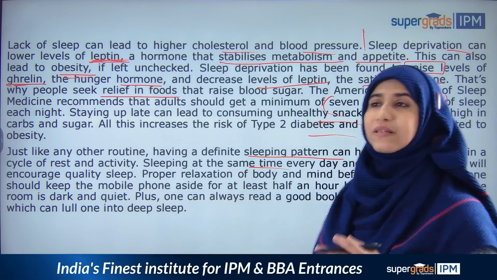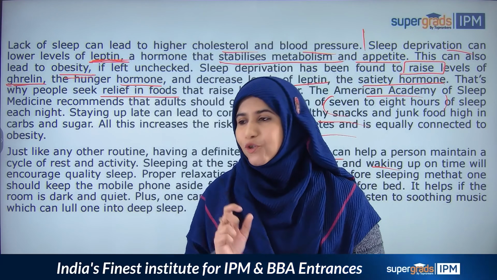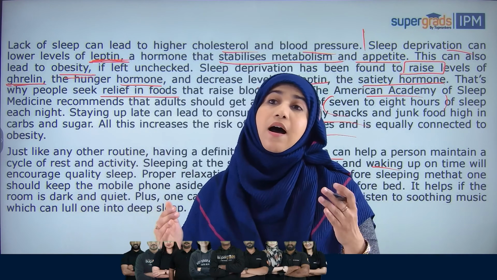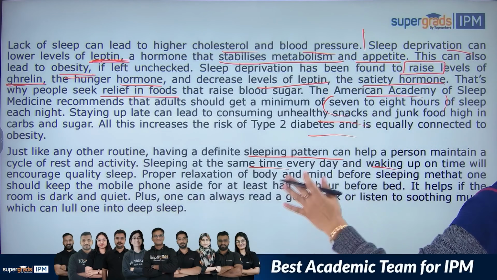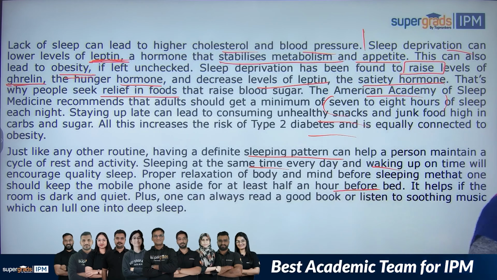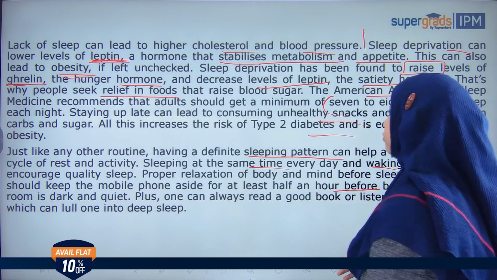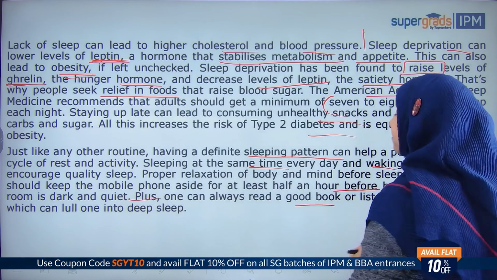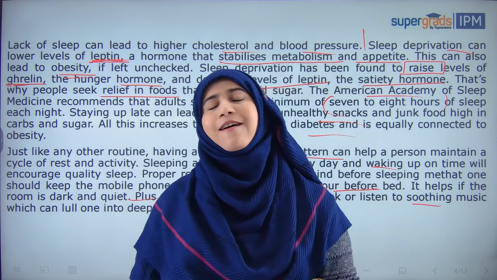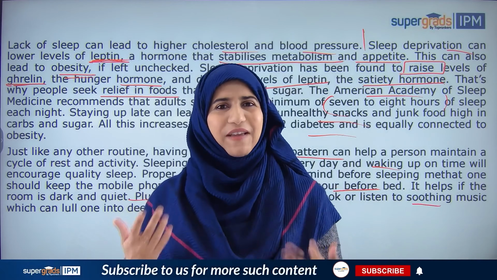So even before sleeping, it's better if you put your phone aside at least half an hour before going to bed. And the place should be dark and quiet. And then you can even read a book or listen to some soothing music so that you get a good sleep.